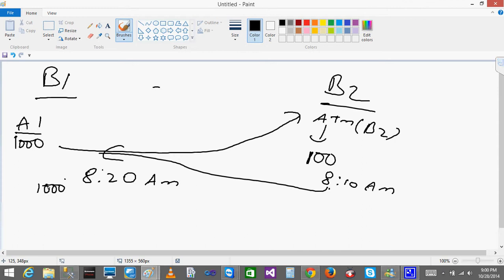So, normally by default, if bank 1 and bank 2 are not connected, then this transaction will not be updated, and automatically the system will allow him to withdraw $1000, but it should not happen, right? It is an error.